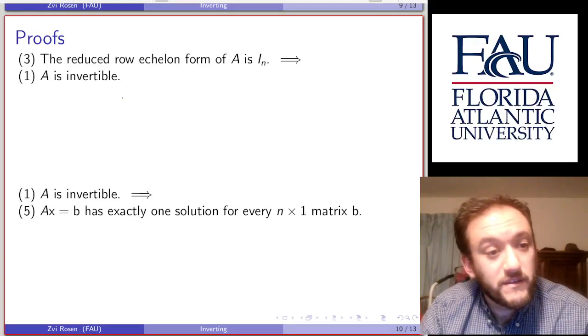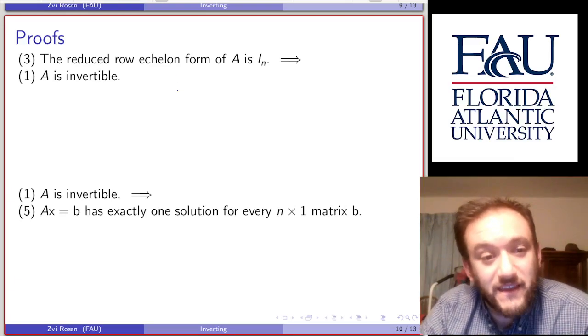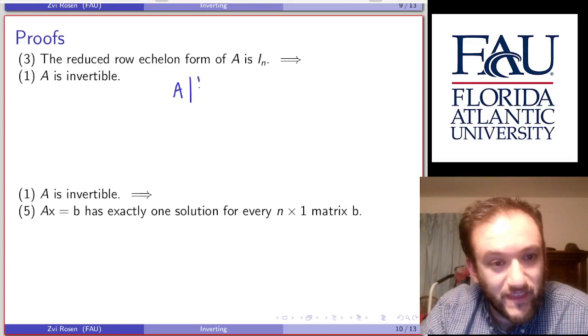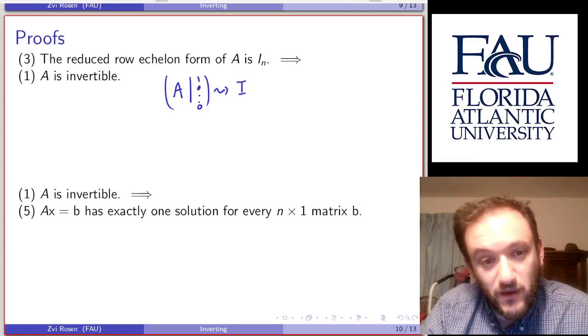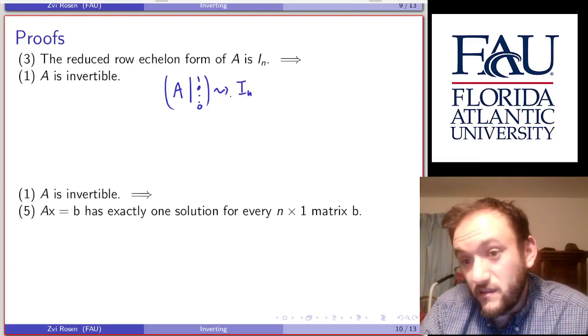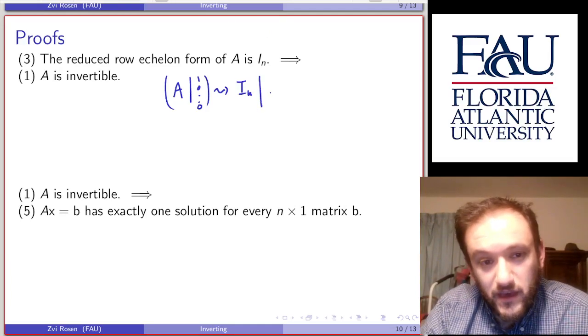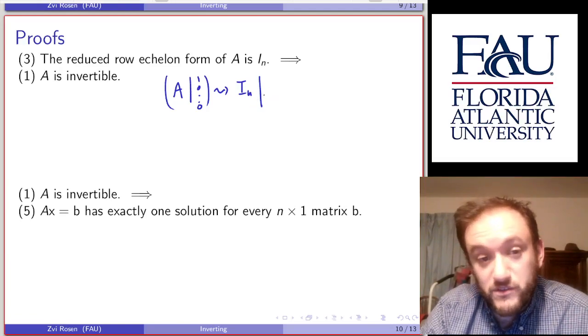3 implies 1: if we have the reduced row echelon form of A is I_n, then just as we did before, if we start with A and then a 1 with a bunch of zeros, this will reduce to I_n, because that's the reduced row echelon form, with the first column of a suitable inverse matrix.